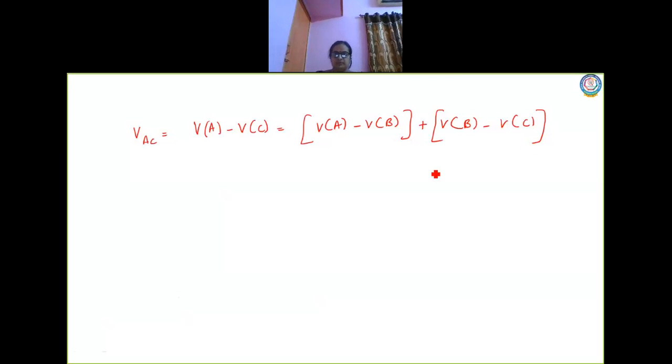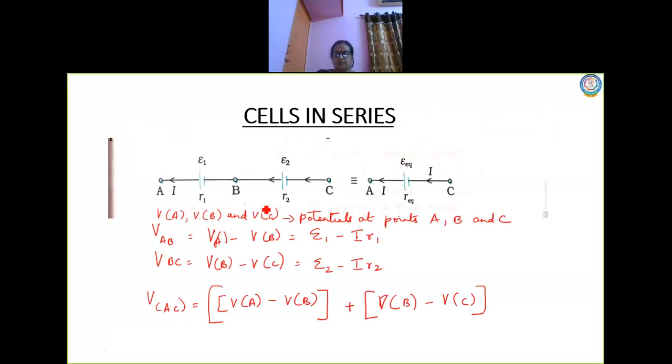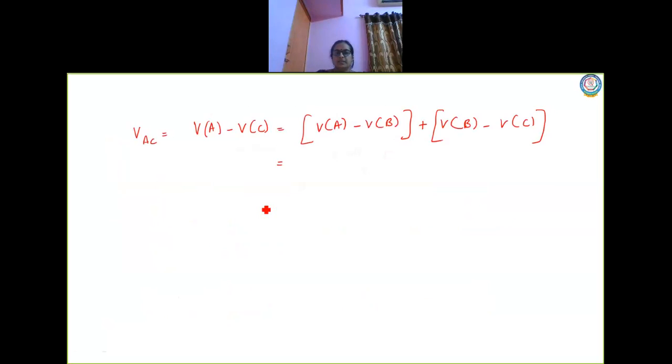Is it clear? Now, what is V of A? Let us substitute. V of A is psi1 minus IR1, right? Psi1 minus IR1. So this is V of A minus V of B, plus here I have psi2 minus IR2.